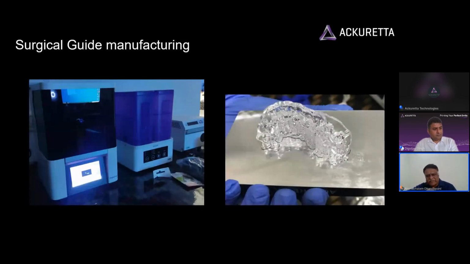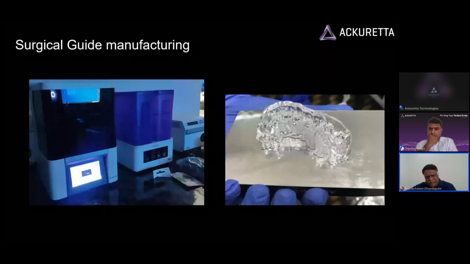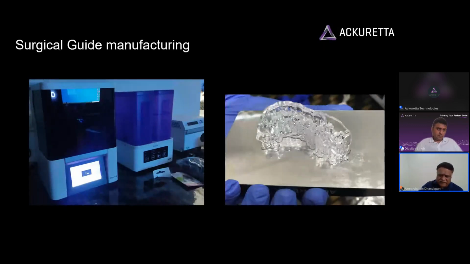One of the best options that we have come across is the Ackuretta Sol, which is a very accurate printer with very good resolution. Also, Ackuretta produces some of the finest surgical guide resins. One of the most difficult things to print is a transparent guide resin. And I think the job that the Ackuretta CURO surgical guide resin and the Sol do is really remarkable. We'll run you through one example.